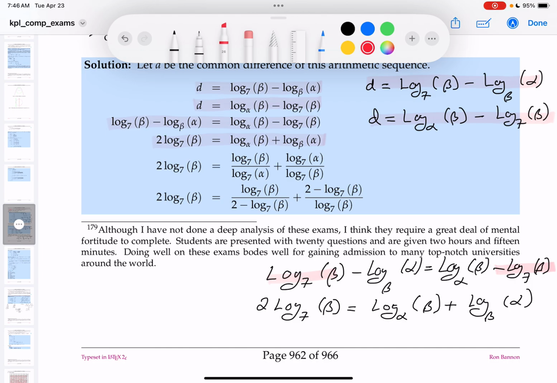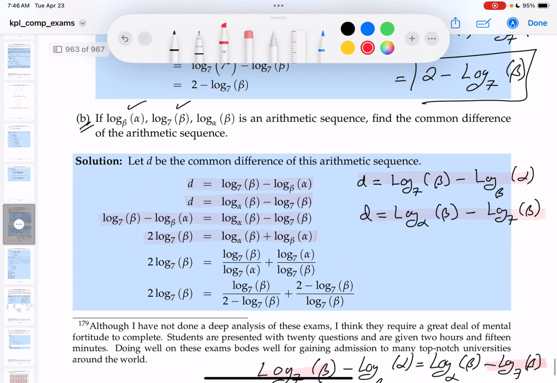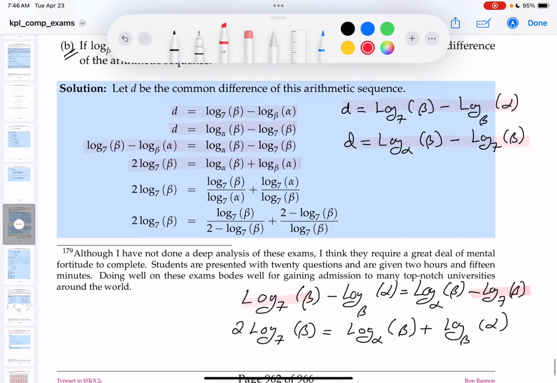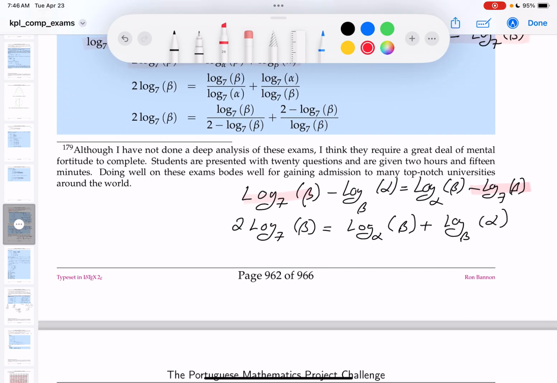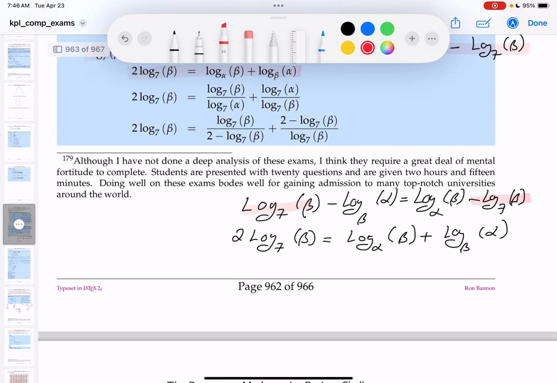And I'm looking at this thing over here, and I'm wondering what to do, and maybe what I did in the past might help me. I did something like this over here, and that's a base 7, right? So what I'm going to do is write everything in terms of base 7 now, all right? So let's see if that helps at all. So this is going to be 2 log base 7 of beta equals, I have to write this in base 7 now.